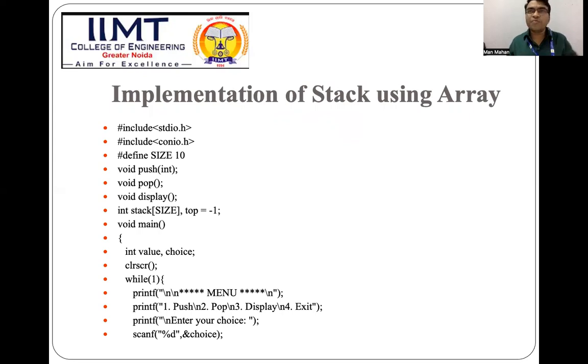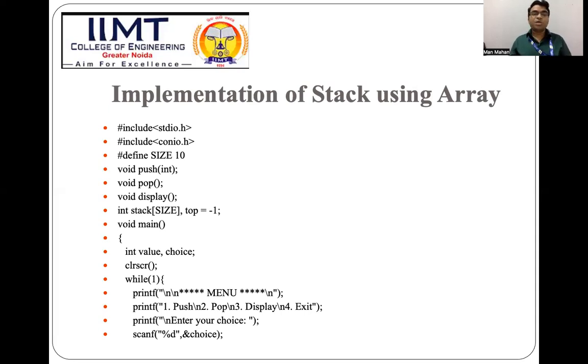So this is the variable to define the array's maximum size. And after that, we declare three functions: push function, pop function, and display function. We already discussed in the previous slide what the push function, pop function, and display function are. And initialize top equal to -1.